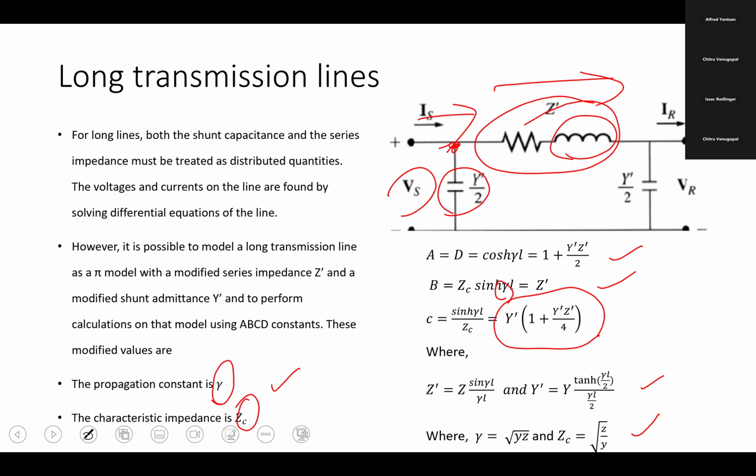Some angle is produced. So how much can that angle be? What is the maximum angle it can lag behind the voltage? That defines how fast the power can propagate through the line. So propagation constant is actually talking about the speed at which your power can be transferred from source to load. The speed is basically defined by how much the current is lagging behind the voltage.